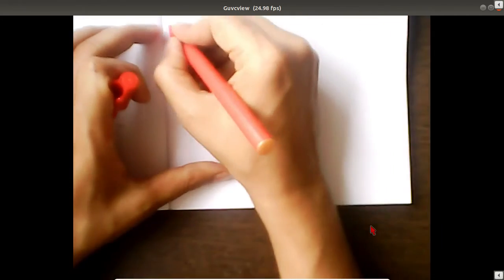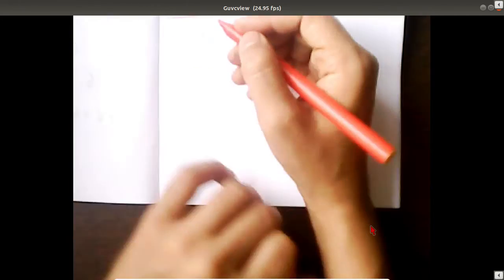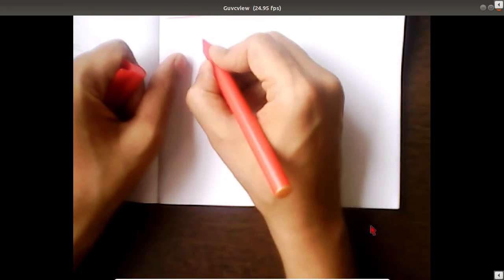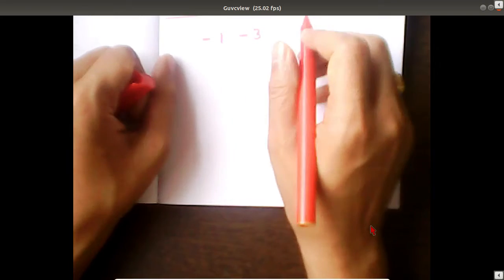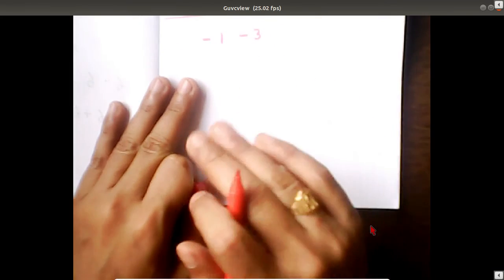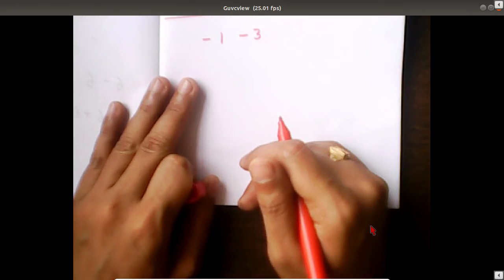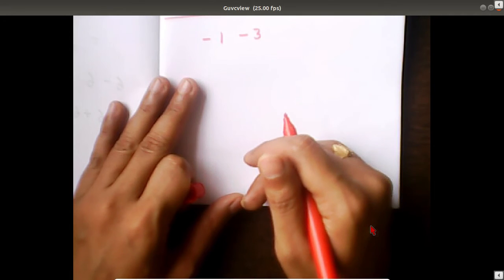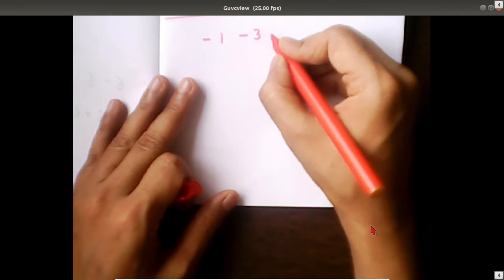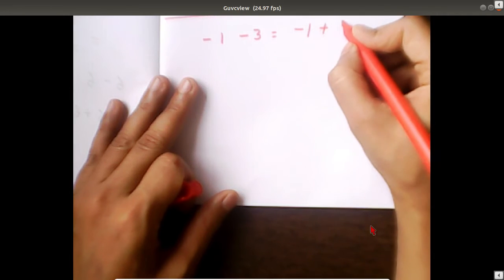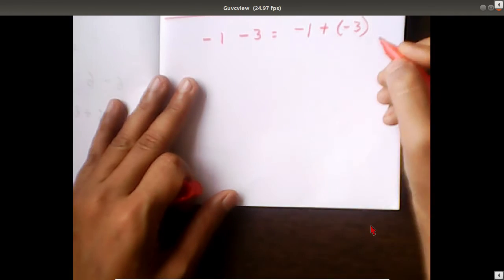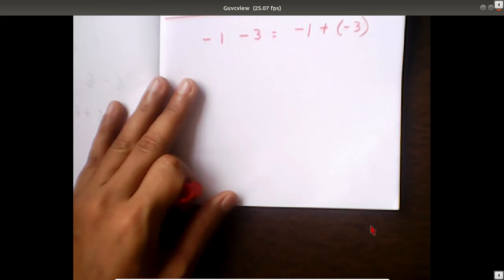So let us say we want to do minus 1 minus 3. Now minus 1 minus 3, while it may appear to be subtraction, can actually be converted into addition by doing something very interesting. You can say minus 1 plus of minus 3. Why can you do this?